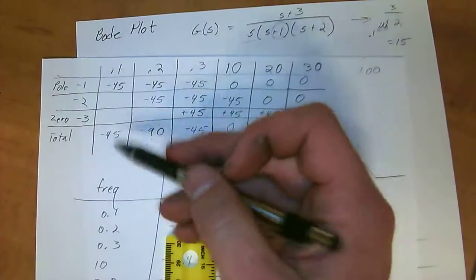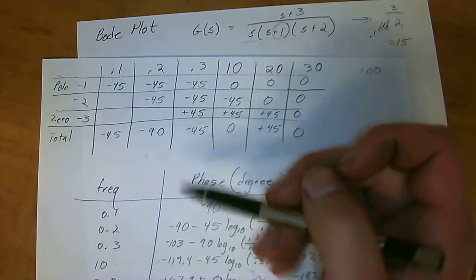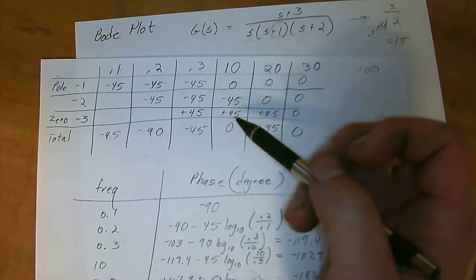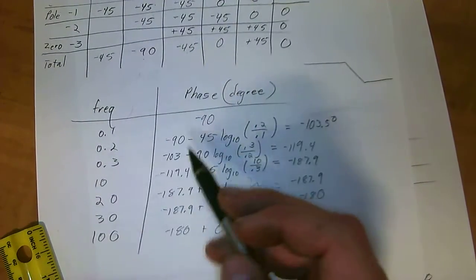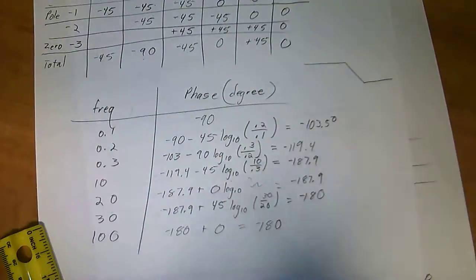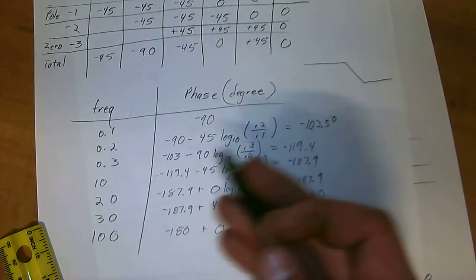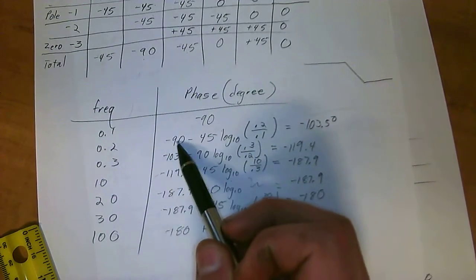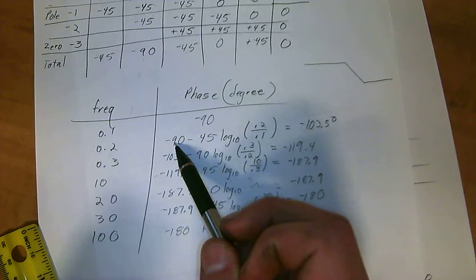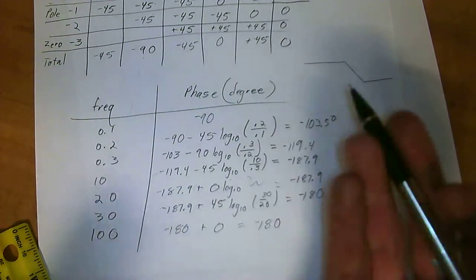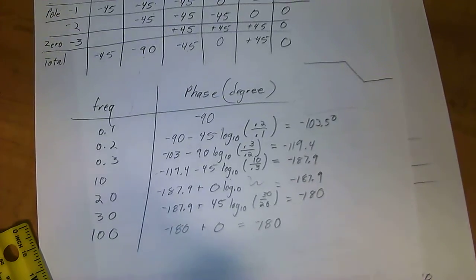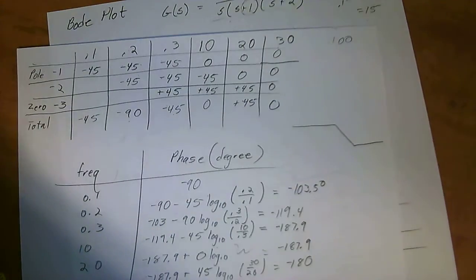You just create a table for the poles and figure out what the slope of the graph is. And then you figure out what the points are by using this equation, which is basically y equals mx plus b, because this is where it's crossing the line. This would be b, this is the slope, negative 45, and this is the x. So that's how you take a transfer function and turn it into a Bode plot.